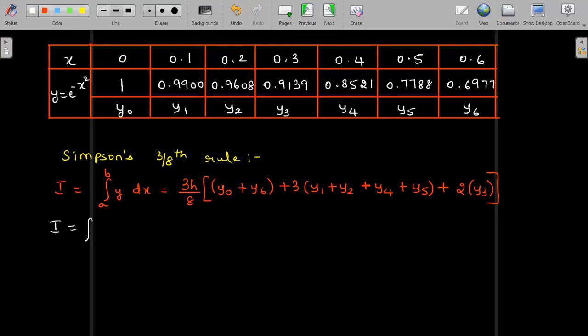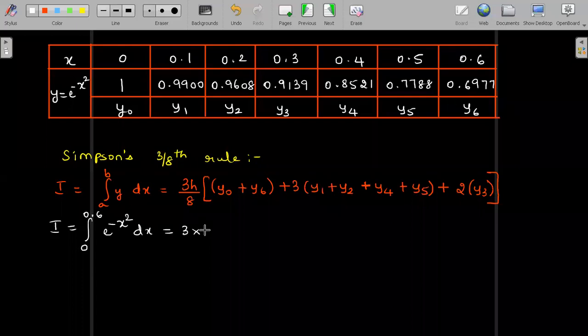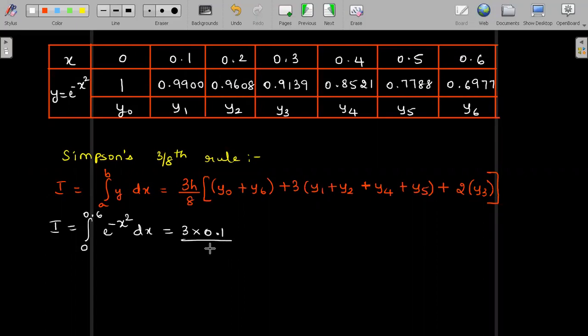So I is equal to integral 0 to 0.6 e power minus x square dx is equal to 3 into h value is 0.1 divided by 8 multiplied by y0 plus y6. y0 is 1, 1 plus y6 is 0.6977 plus 3 times of y1, y2.